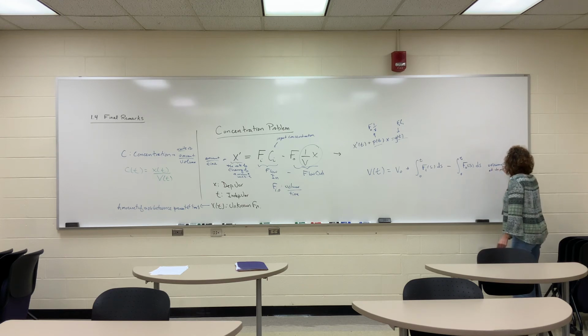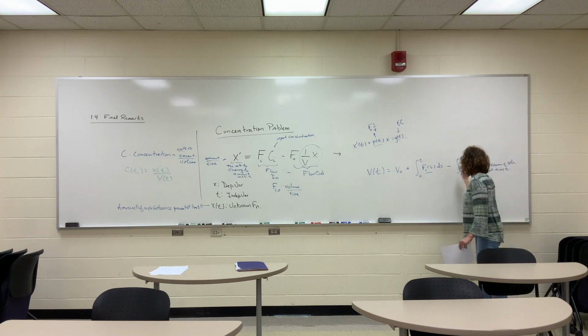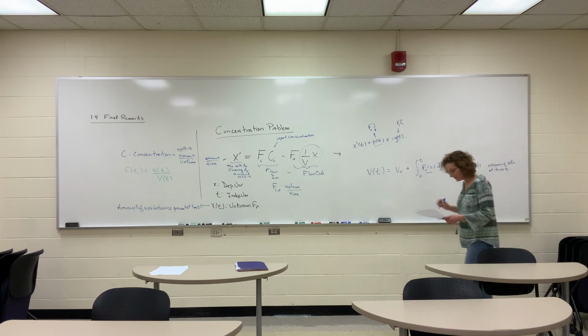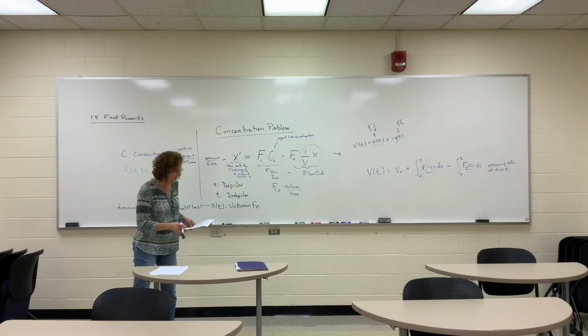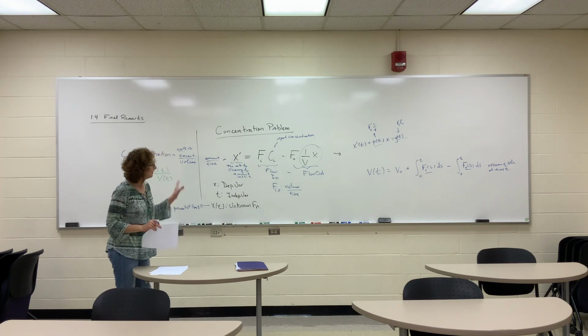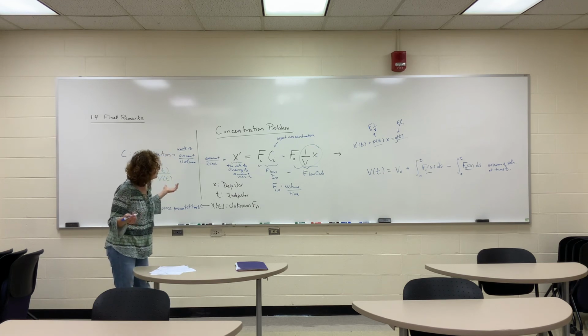Now you might have some interesting problems where you need flow rates that are non-constant. They don't come up that often, but if you need it, this equation is definitely more versatile than the process in the book. So what do you do with all of these concentration problems?